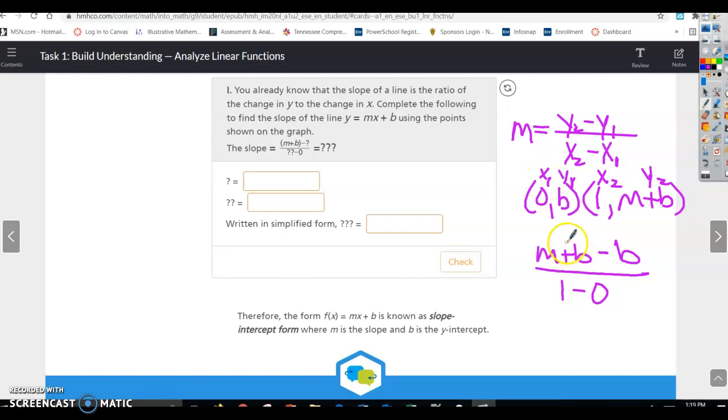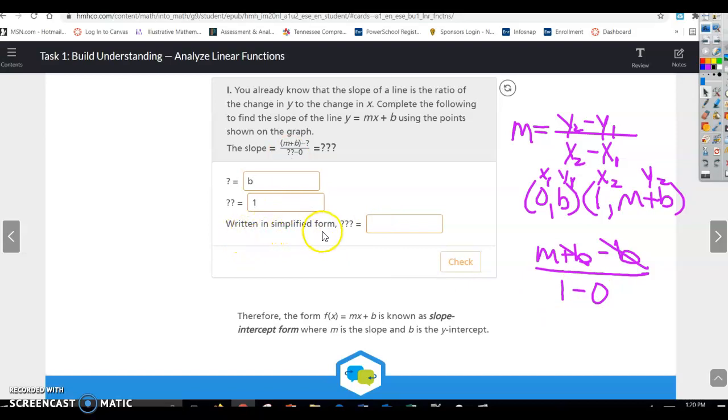So we're going to have our b's cancel. Let's first put in the numbers here, what they want. Okay, so the slope is m plus b minus what? So it's m plus b minus b. Minus is already part of the equation, so I'm just going to put a b here. So this one question mark tells me that that's what I input from there. And then the two question marks tell me I'm putting the number from the bottom. So the number from the bottom is 1 minus 0, so this is going to be 1.